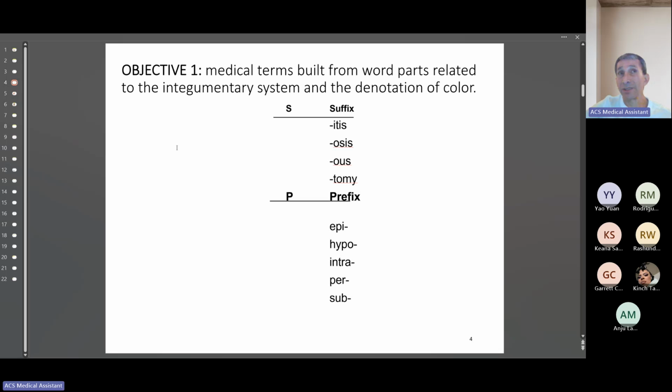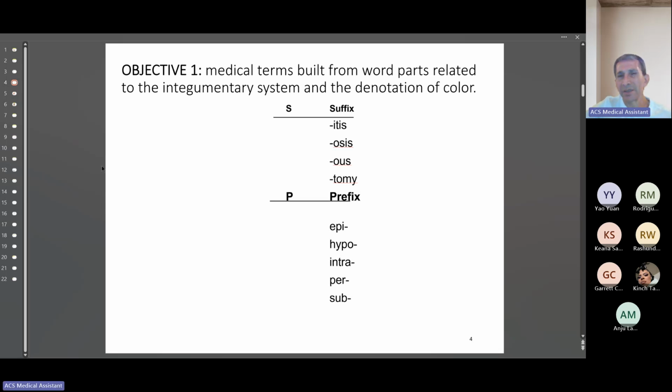If we start using the same suffixes and prefixes, and we just change the word root depending on the system that we are dealing with, it's going to be a lot easier for us to retain this information because we are repeating almost the same thing, but with a different word root. So that will help us.